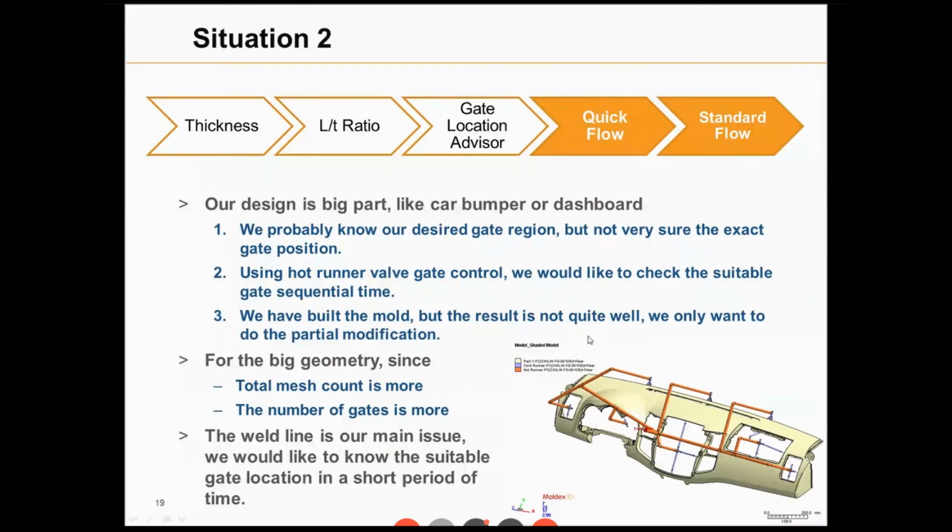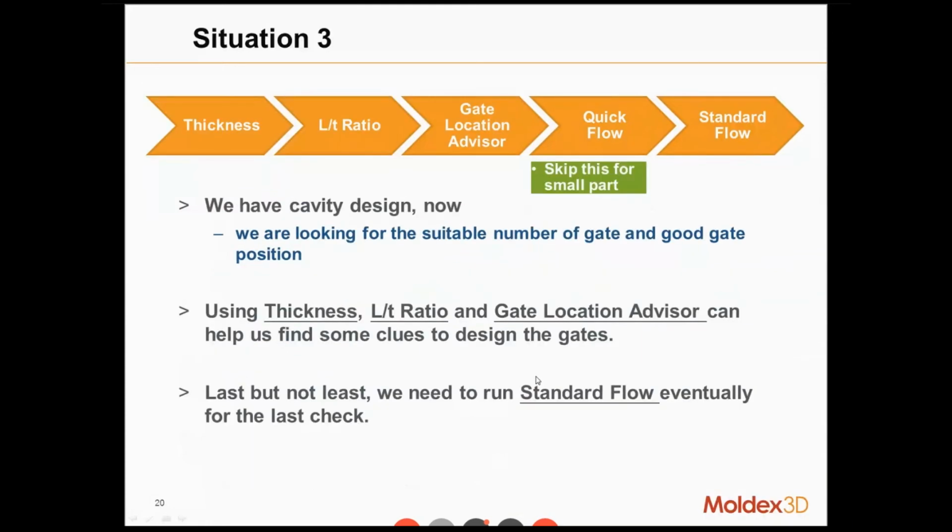Or maybe we have built the mold, but the result is not very good, so we would like to do some partial modification. For big geometry, since the total mesh count is more and the total gate number is more, and at this stage we would like to just check the weld line, we just provide the quick flow. So in this situation, we can do the iteration by using the quick flow. And as long as we choose the suitable gate design, we can just use the standard flow as a final check.